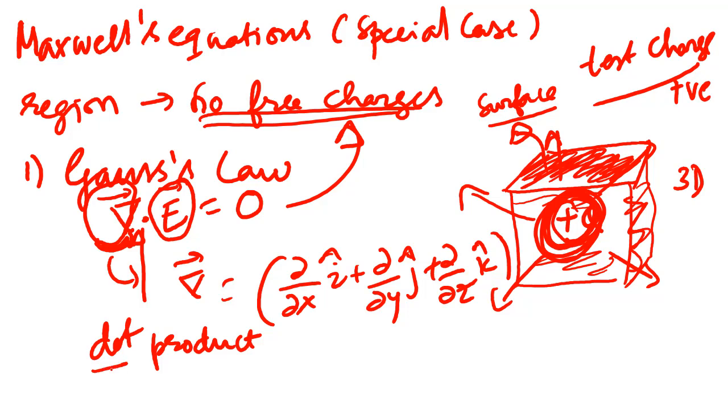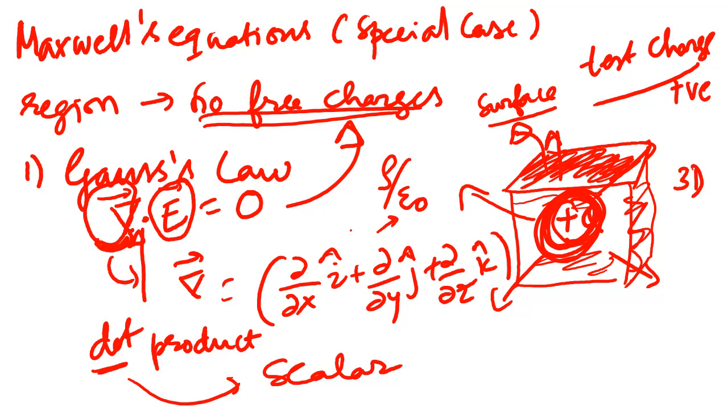That's why it is often called a scalar product, right? So here, because we have no free charges, it is 0, but if you have charges, it would be equal to rho by epsilon naught, where epsilon naught is the permittivity of free space and rho is the charge density. This would be the charge density, right?